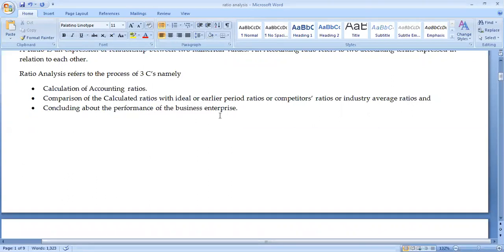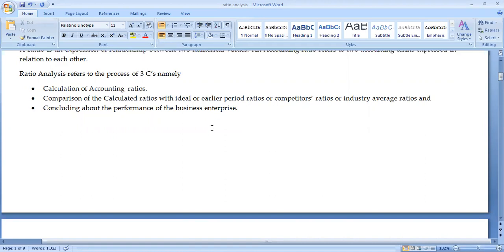First you will find out the accounting ratio, then there will be a comparing activity with the ideal ratio, the earlier ratio or the competitors' ratio, and then you are going to give certain suggestions based on the performance made by the firm.